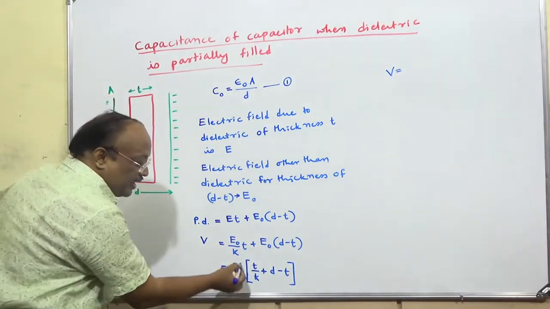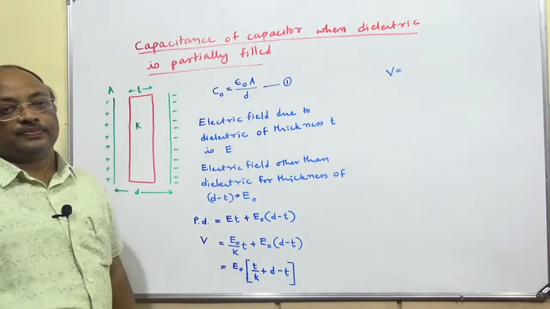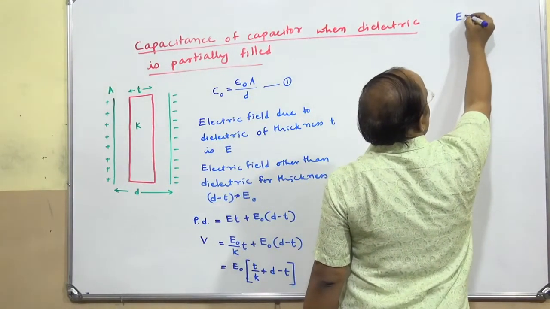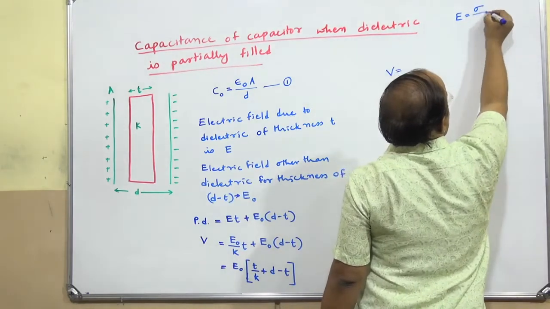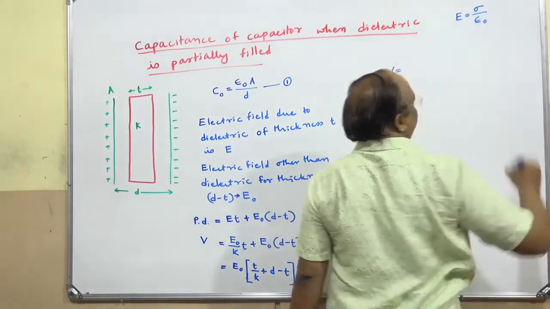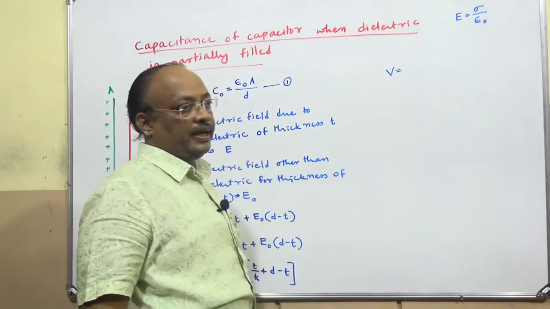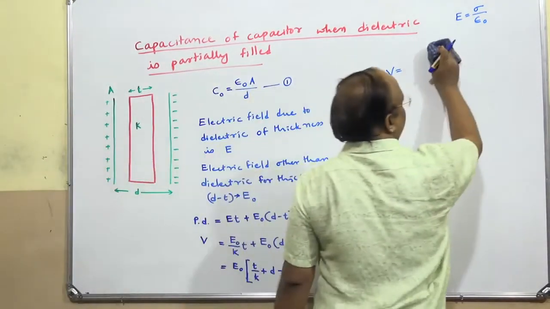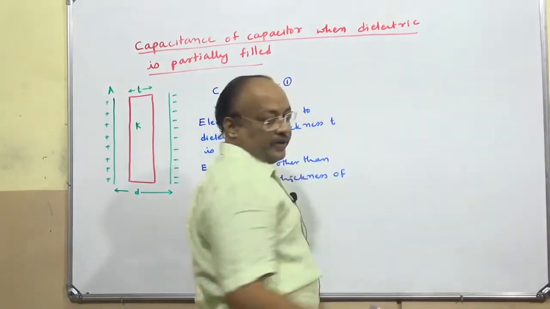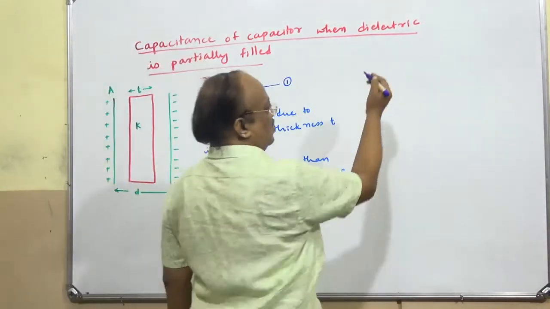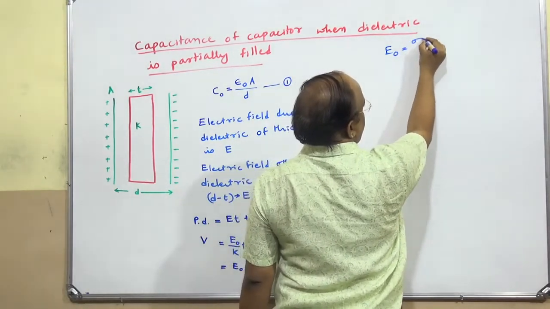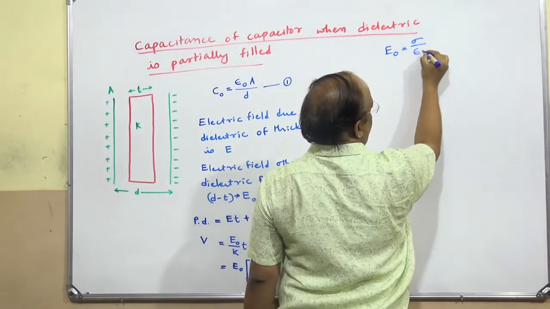What can I write for this E naught? E naught is equal to sigma by epsilon naught.